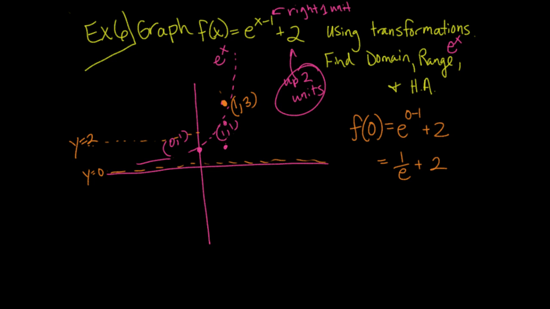So it's basically a little above 2 up here. You don't really need to get too precise with this. Just locate this center point, 1, 3, where it's shifted, and label your horizontal asymptote, and I'll be a happy teacher. So there, and then we're increasing. Okay, so that's how to graph an exponential function using transformations.